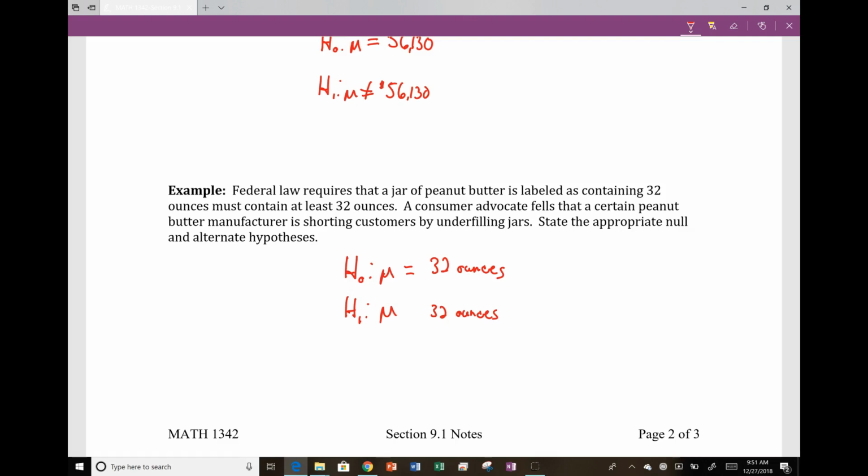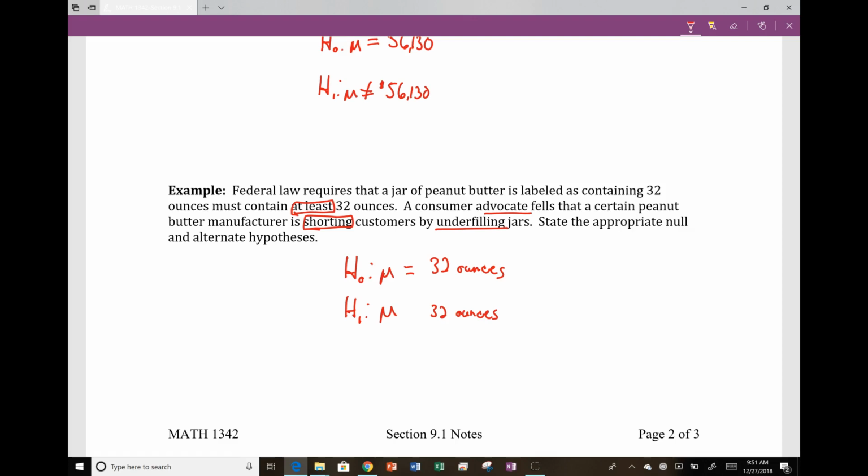Now, we have to be careful because this right here says that it must contain at least 32 ounces. But this advocate thinks that they are shorting and underfilling jars. So here's the thing, federal law requires it to be 32 ounces or more. If it's more than 32 ounces, is the customer going to be upset?